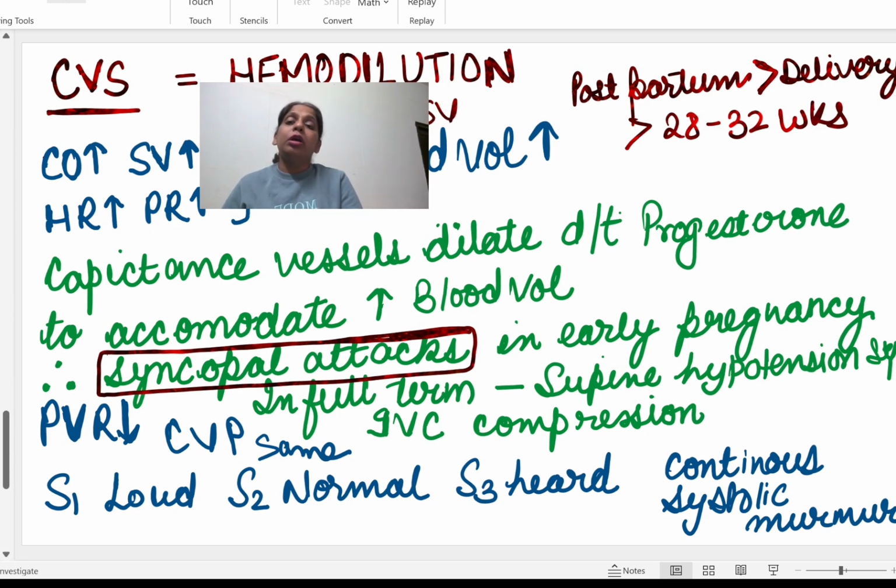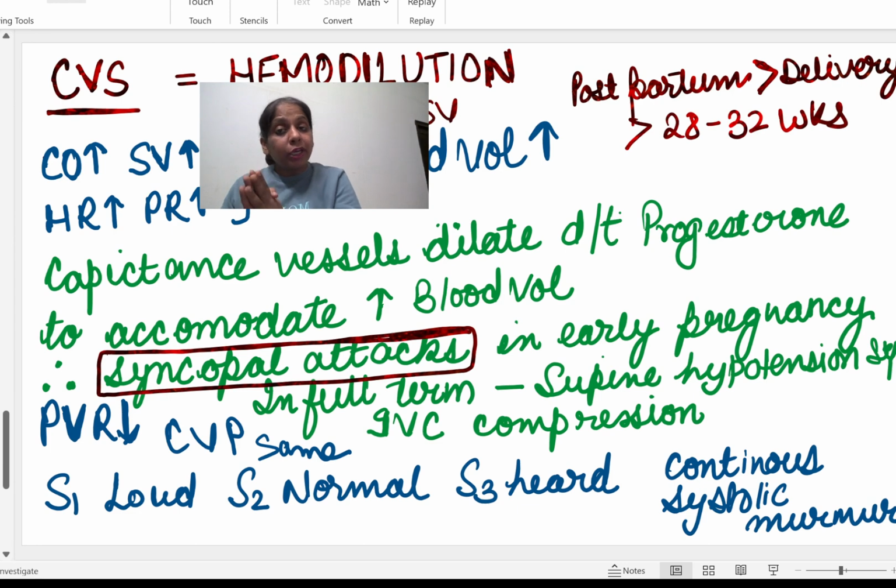A fetus always presses the inferior vena cava, because the fetus is in the abdomen, so it can only compress the inferior vena cava.